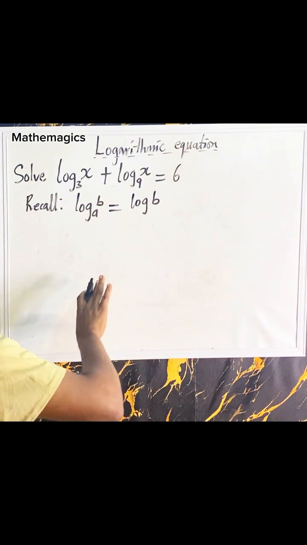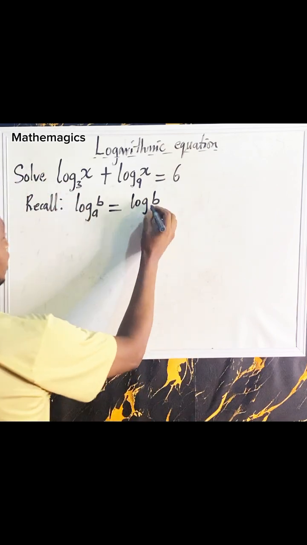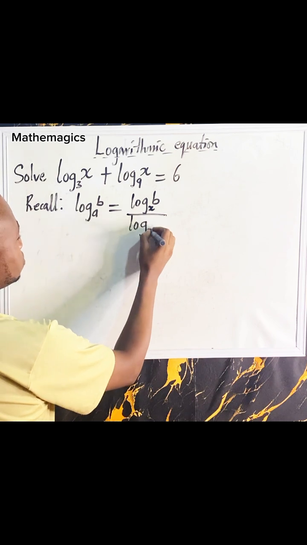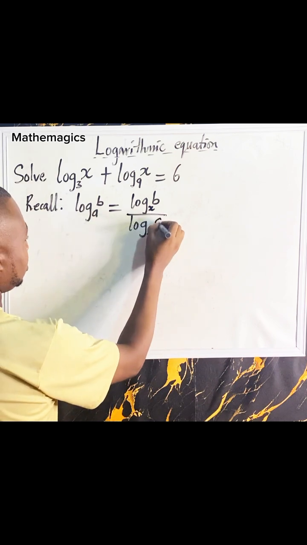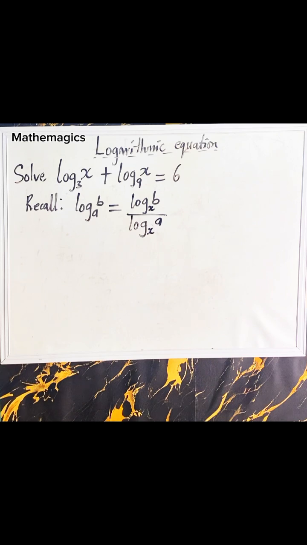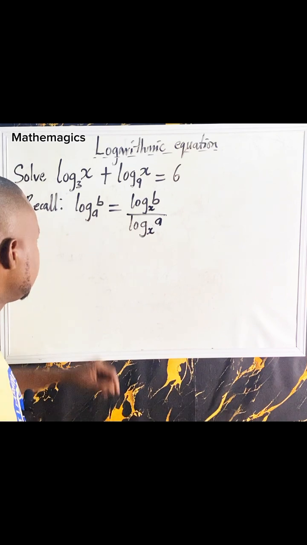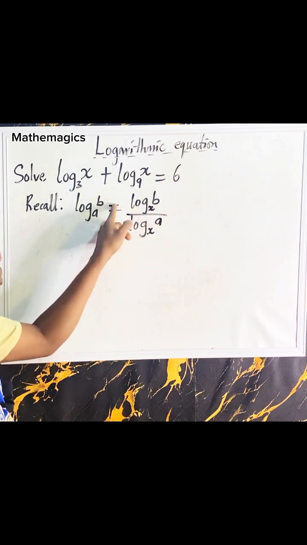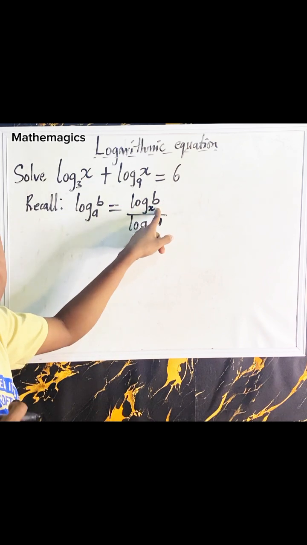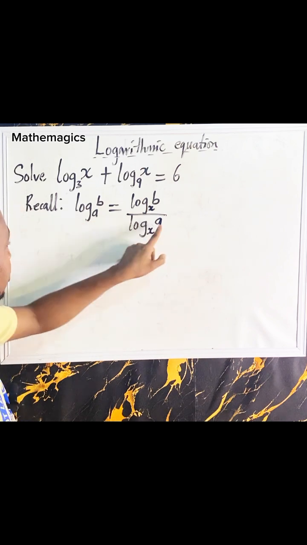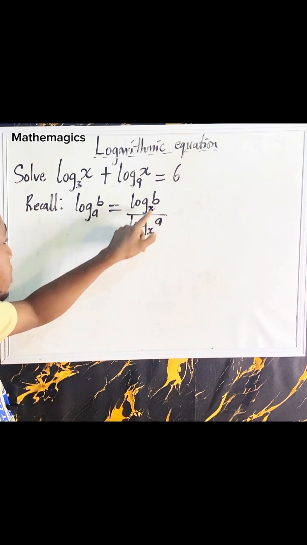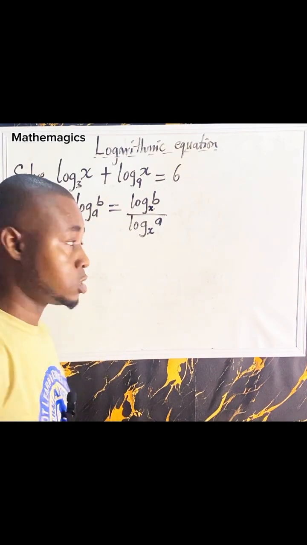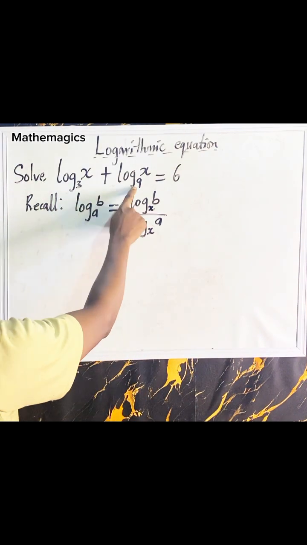But let me just keep the base 10 aside. Then let me use base x, over log to base x of a. What I'm doing in essence is, if you are to do the change of base, this one becomes the numerator, which you assign to any given base of your choice. Then this one becomes the denominator. They maintain the same base. That means the change of base has been successfully carried out.